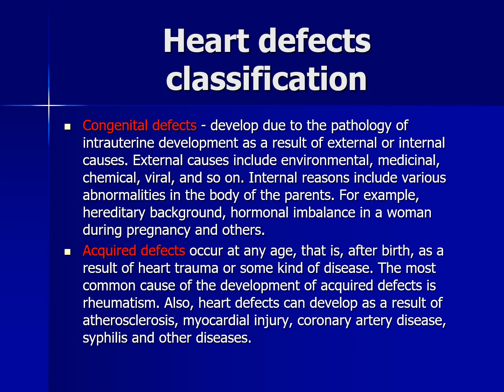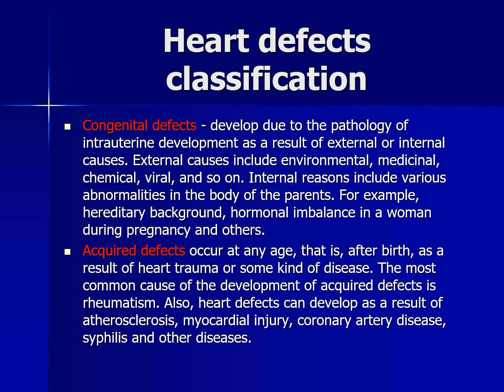As a rule, by classification, heart defects may be congenital and acquired. Congenital defects develop due to the pathology of intrauterine development as a result of external and internal causes. External causes include environmental, medicinal, chemical, viral, and other effects.